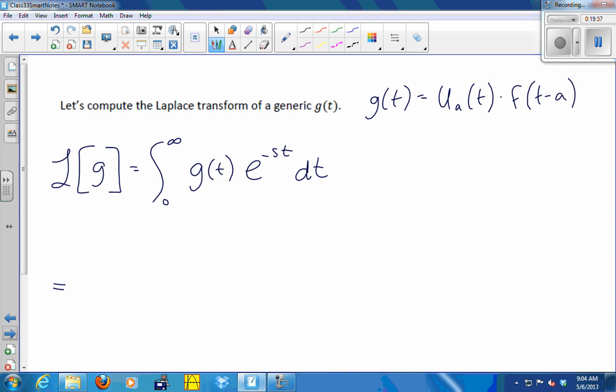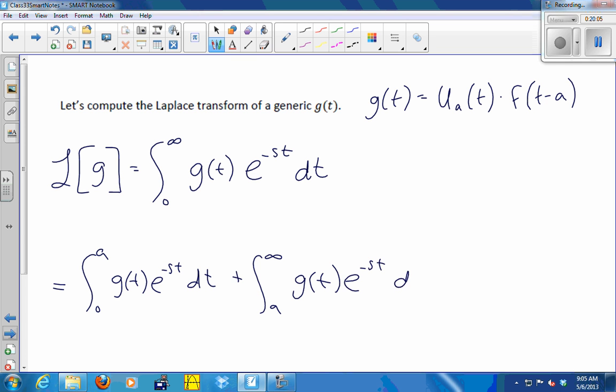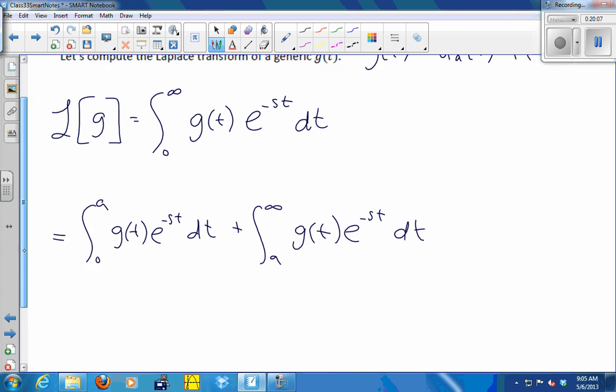All right, from 0 to a, g of t is just the 0 function, because u sub a of t is going to be 0. 0 times anything is 0. So from 0 to a, this integral is 0. And then I'm going to add the integral from a to infinity.